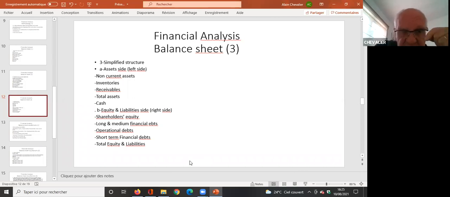If you go to the other part, it means the asset side. You find the non-current assets first, which include at the same time very different elements. All these elements can be called investments from an accounting point of view.